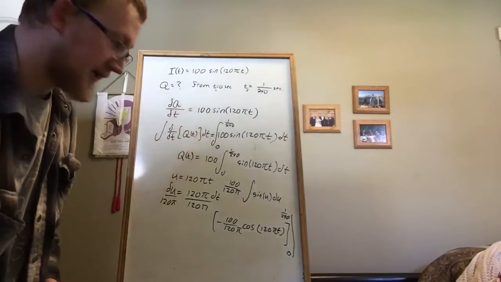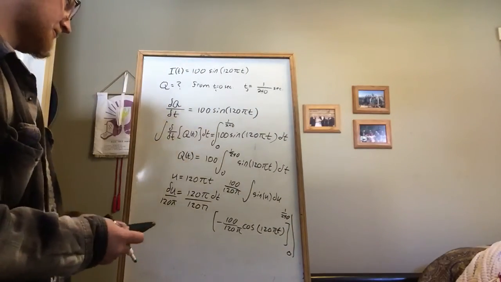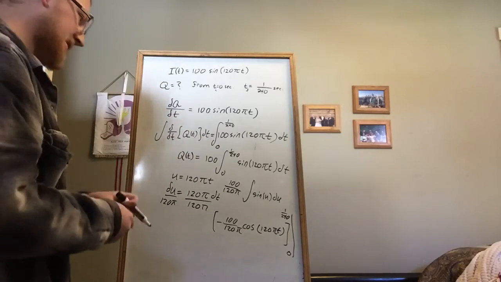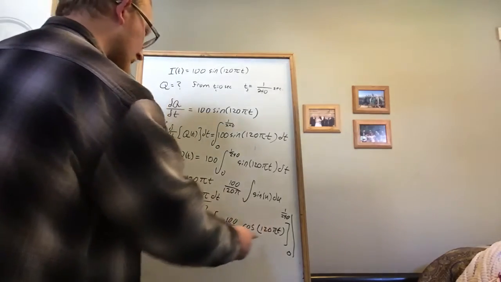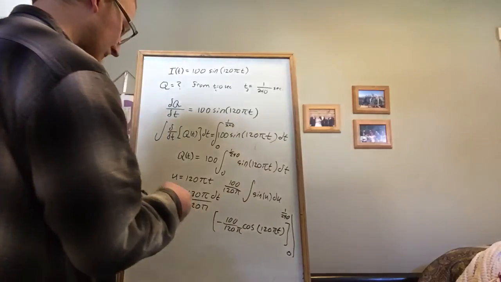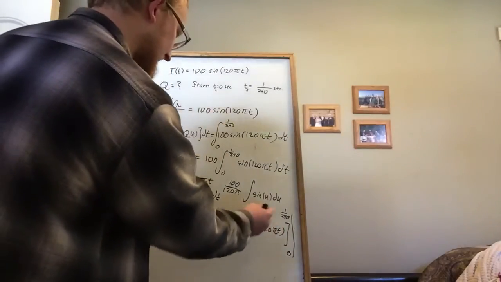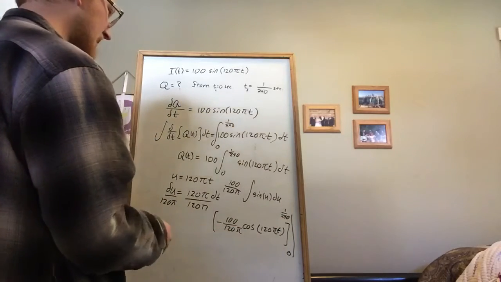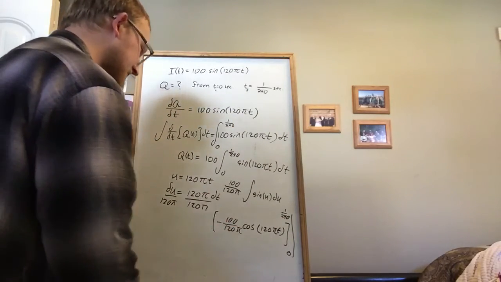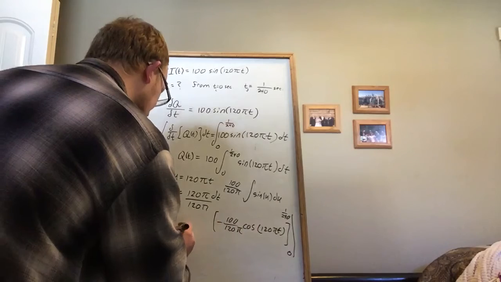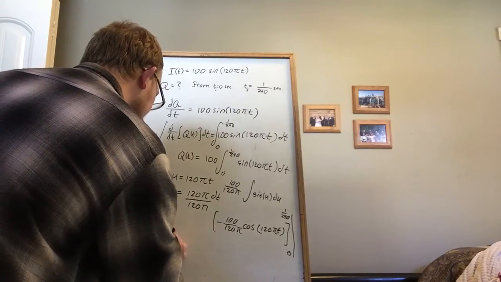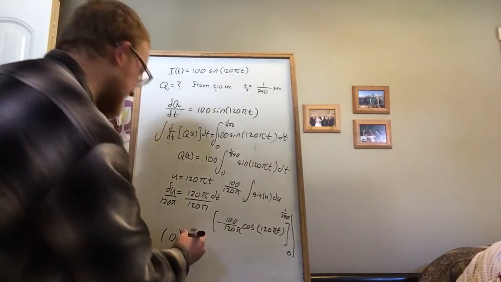Alright, so now at this point it's just plugging and chugging. We'll start with the upper bound. 120 divided by 240 is going to be 1/2. So that's going to give us pi halves in here. Cosine of pi halves is 0. So that's going to multiply through and create a 0 here. So for our first evaluation we have 0.